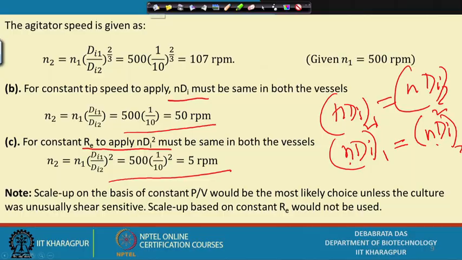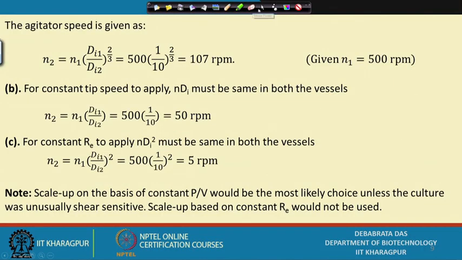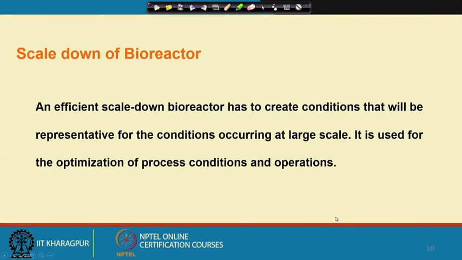Now the next thing that I am going to discuss is scale down of bioreactor. Up till now we have been discussing the scale up of bioreactor. Now the question comes, why is the scale down of bioreactor required? Because it's very simple. Suppose I have been working with some 200 cubic meter reactor, and we want to study the effect of certain parameters on the productivity of the process.